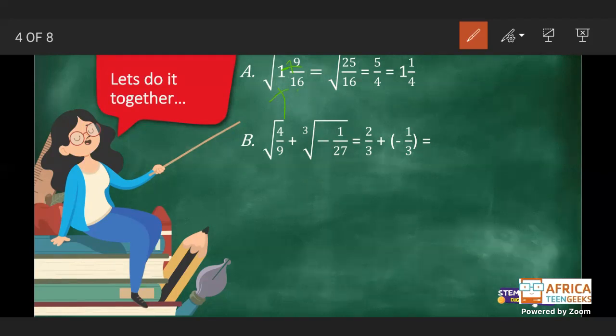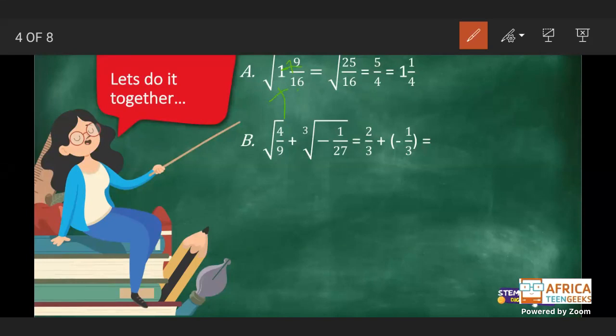Now, since we are working with our square root, we must find the square root of 25 and also the square root of 16, right? So let's do it then.